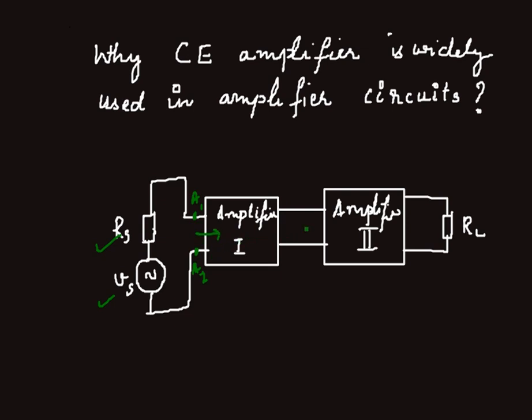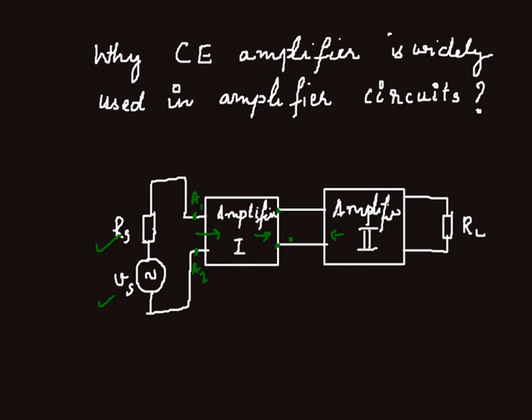The second point is that you are connecting amplifiers in cascade. So the second amplifier connection should not disturb the performance of this first amplifier. For that, you should note one more thing. This amplifier is acting as a source to the next amplifier, which means the output resistance of this amplifier should be very low.